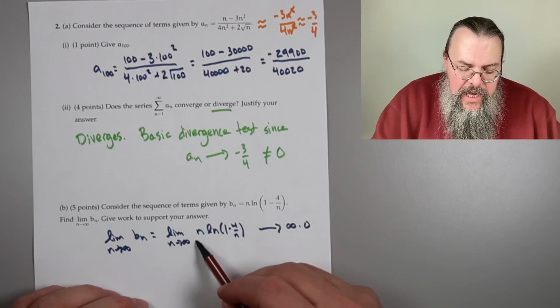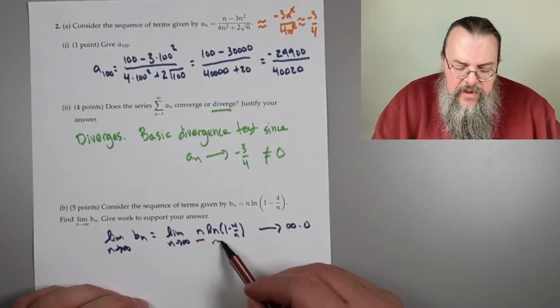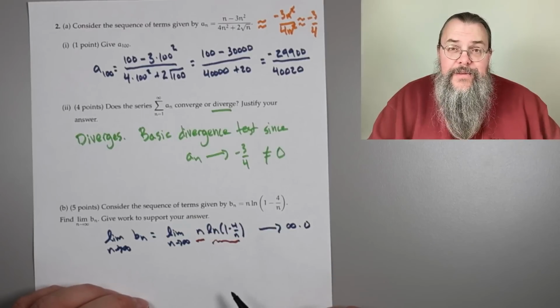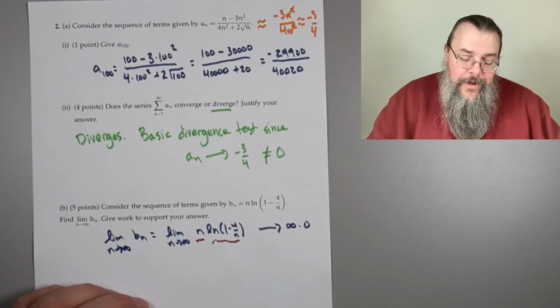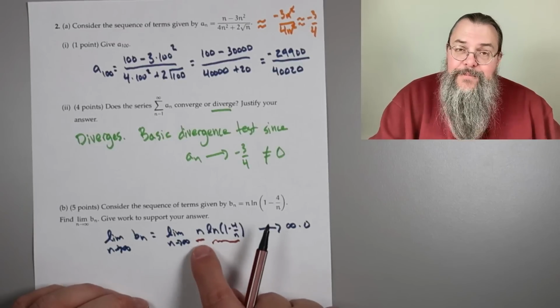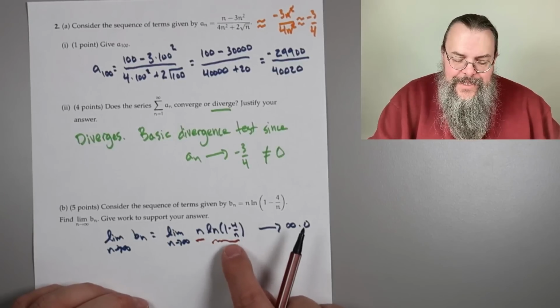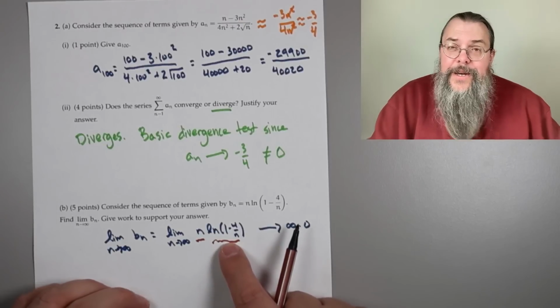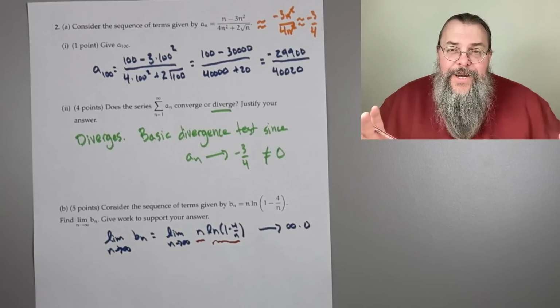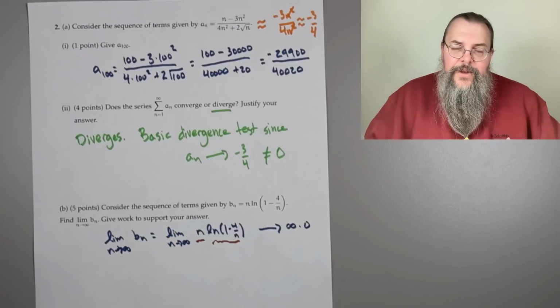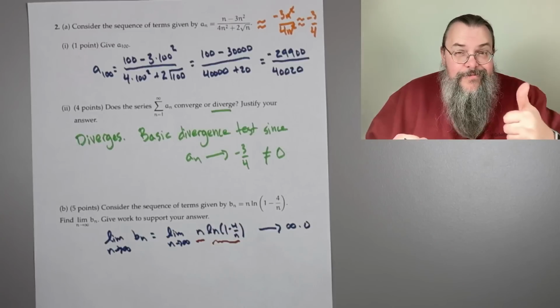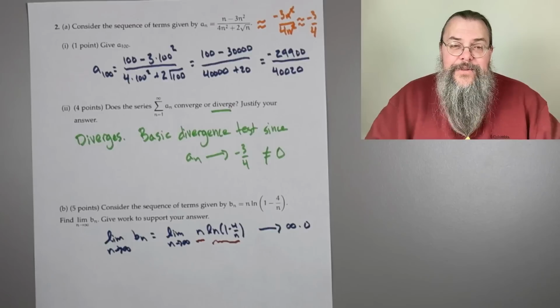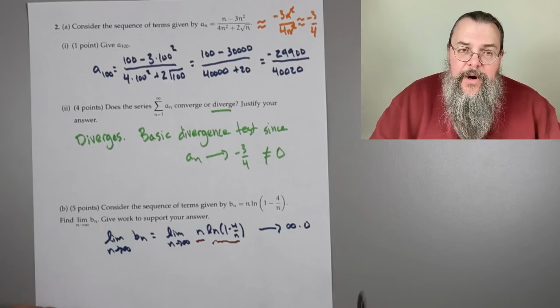Now there's two candidates. There's the n piece and the log(1 - 4/n) piece. What moves? Well, I would say move the n piece down, because you don't want 1 over log. They're just going to get more complicated. Whereas when you take the derivative of just log, the log part goes away. So that's why we're going to move the n part down.